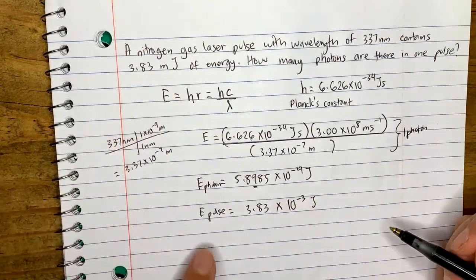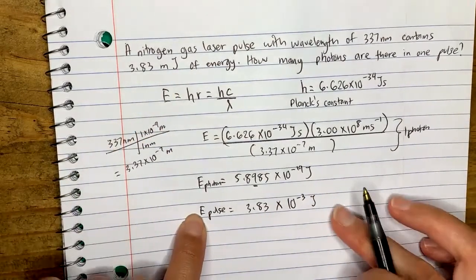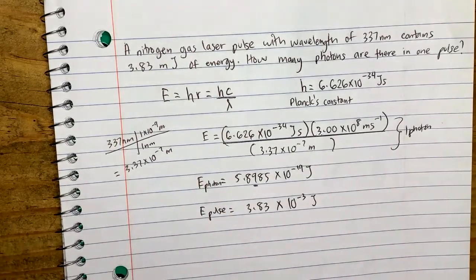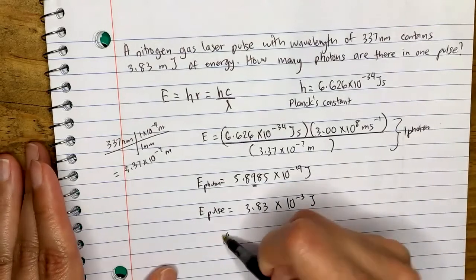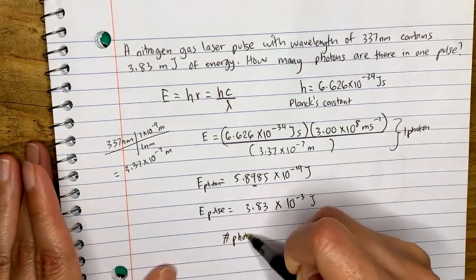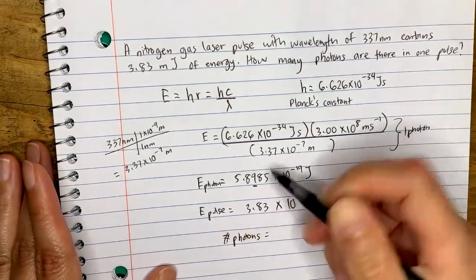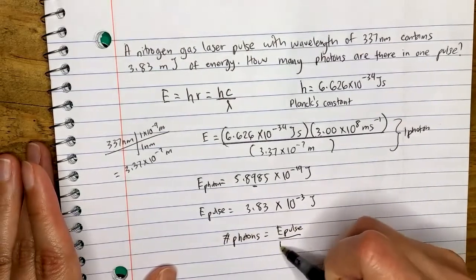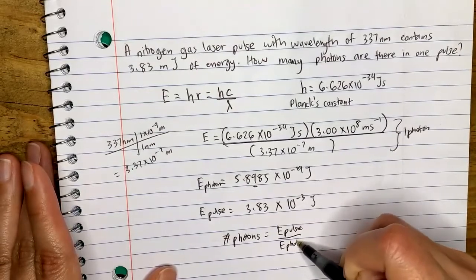That's millijoules. And if you take the pulse energy over the photon energy, it should give you the number of photons, okay? So number of photons equals E pulse over E of 1 photon.